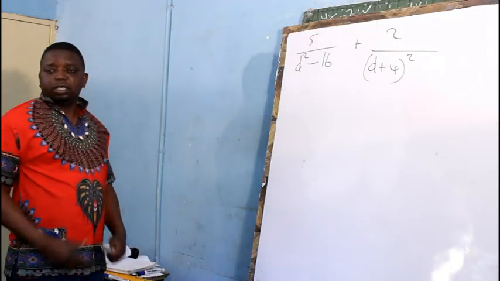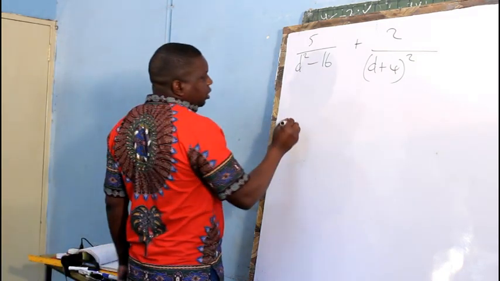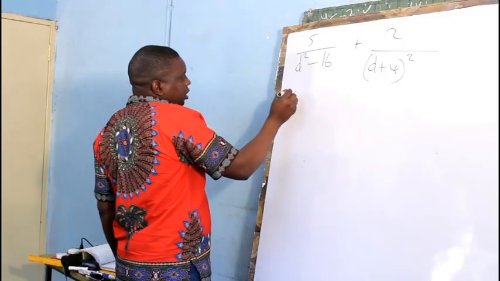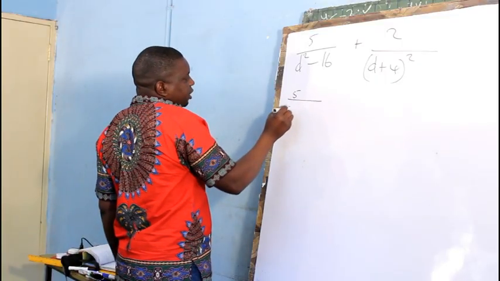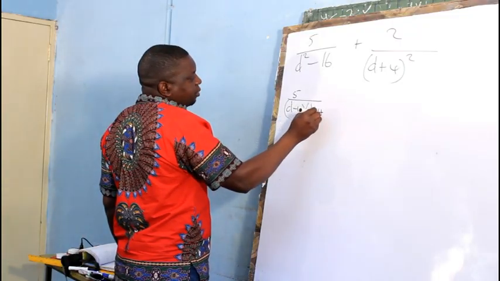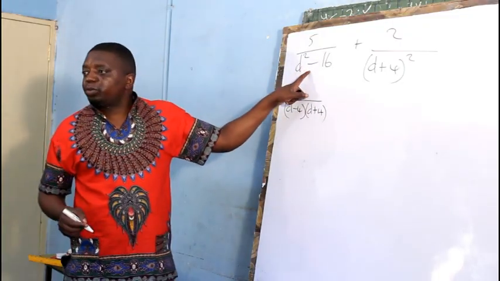And then we factorize my denominators. The denominator 5 over d minus 4 factor of d plus 4, because this one is a difference of two squares.